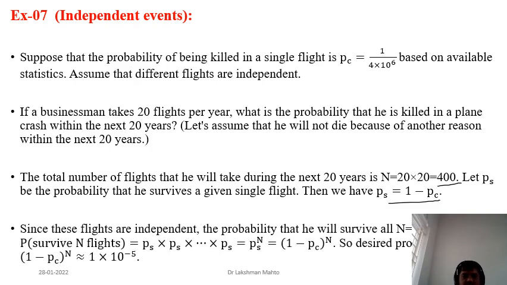So what is the desired probability? Due to the independent nature of the flights, the desired probability of survival will be the product of all these survival probabilities PS up to n times. So PS to the power n, and it can be roughly calculated as 1 into 10 to the power minus 5. Very less.